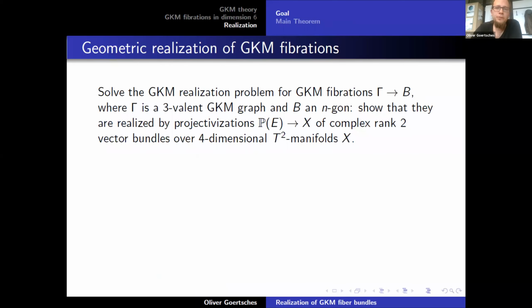Okay, so now I have a large variety of GKM graphs available, and now I'm interested in whether these things always arise from geometry, right? So what I want to do is solve the GKM realization problem for GKM fibrations, where we have fibrations as before. And we want to show that they are always realized by projectivizations, right?